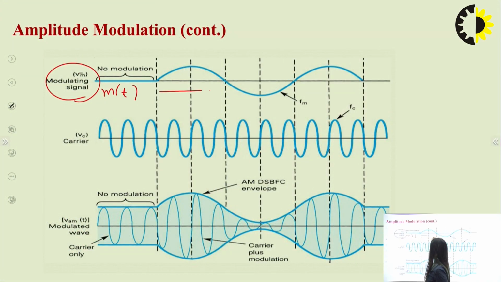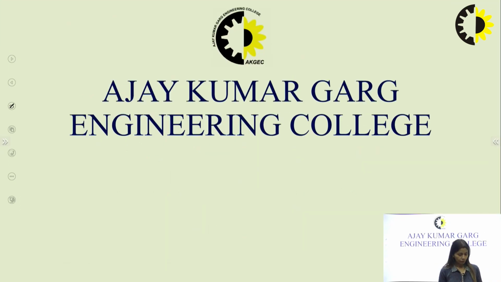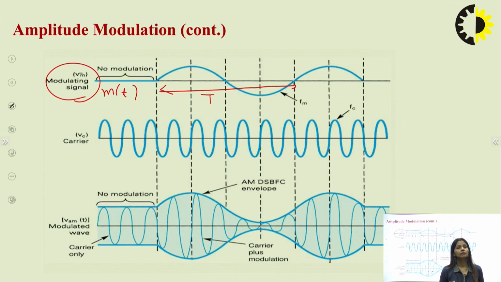As you can see, this time period is very large, and if the time period is very large, the frequency is very low. So first of all, I will take a low frequency modulating signal, m(t), any low frequency signal which I want to convert into a high frequency signal.